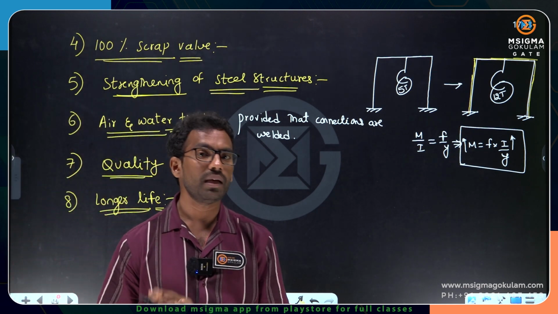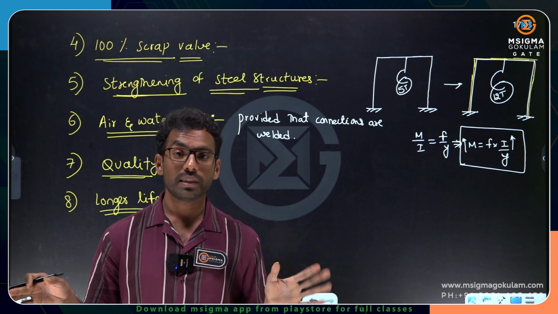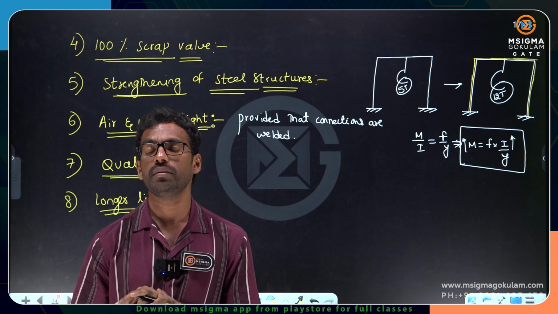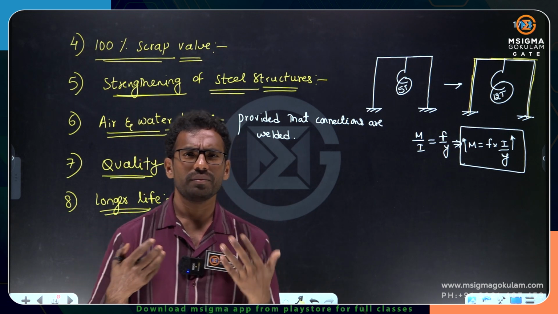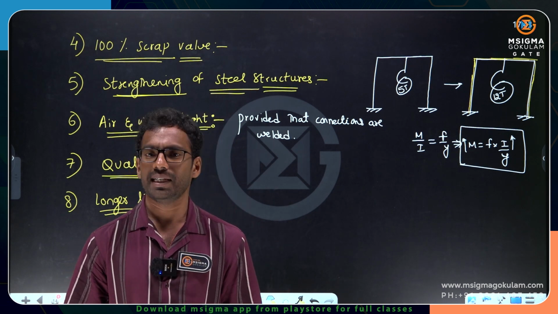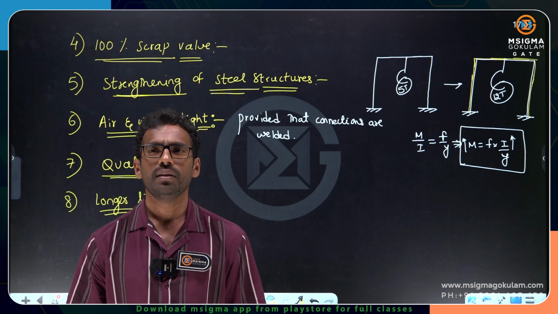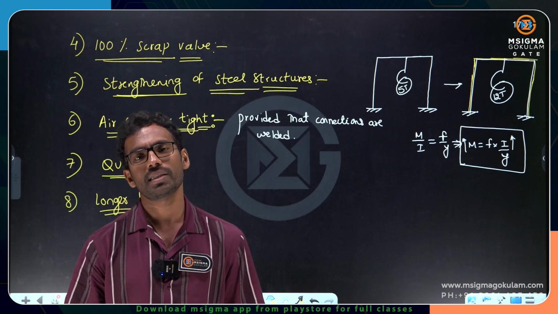And we never find any catastrophic failure or sudden failure, provided that the connections are bolted. With welded connections, we cannot exactly predict the strength because we don't know the internal defects. In practical applications, we try to rely more on bolted connections than welded connections.